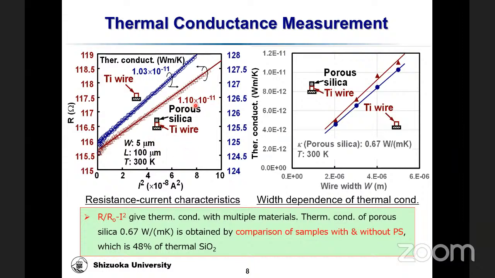And based on this information of slope, and also by changing the width of sample, we can extract the thermal parameter of only the porous silica part.